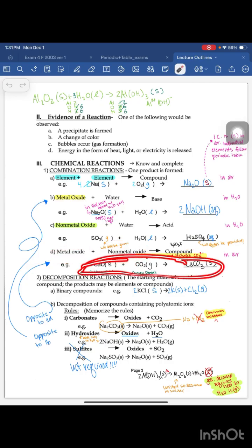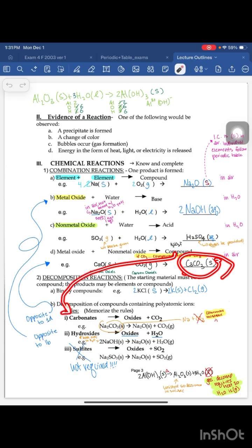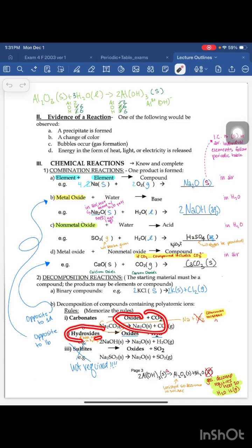Here, we see calcium oxide and carbon dioxide added together to become this solid. But over here, we see the carbonate decompose into the metal oxide and carbon dioxide. So carbonates become oxide and CO2, hydroxides become oxide and H2O, and you're not required to know sulfites.